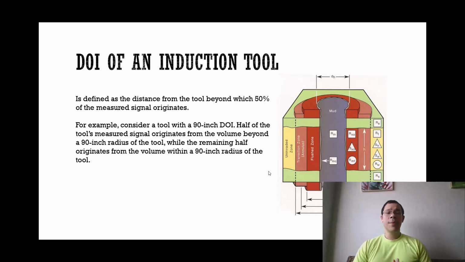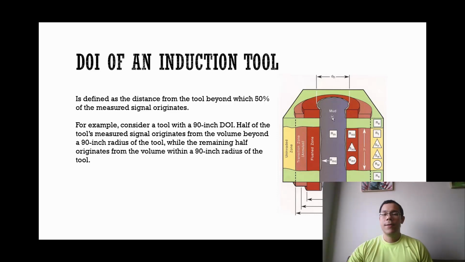Now, the depth of investigation of an induction tool is defined as the distance from the tool beyond which 50% of the measured signal originates. So let's say we have our tool inside of this hole.